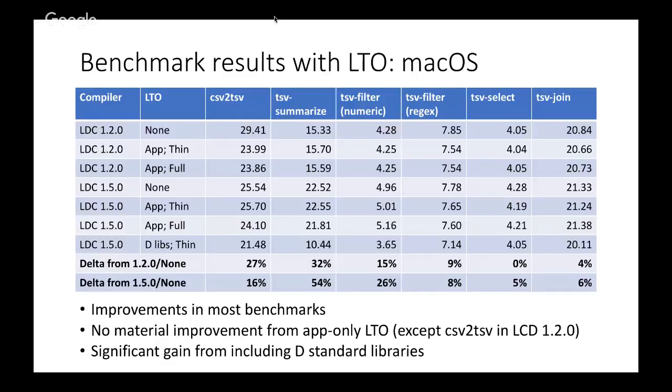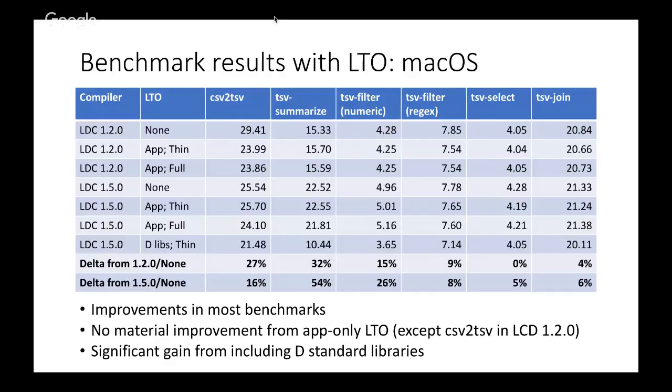TSV Join is really dominated by generating a huge hash table, and these huge hash tables in D run into a lot of memory and garbage collection considerations at the moment. I think it would be better if we eventually get a hash table update that's a little bit more memory friendly for very, very large hash tables.